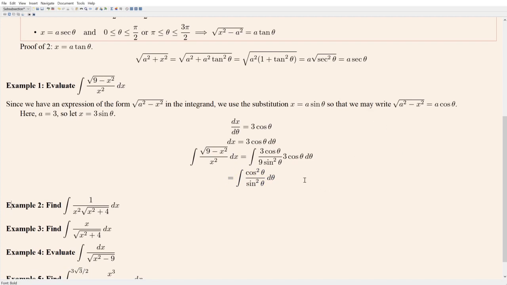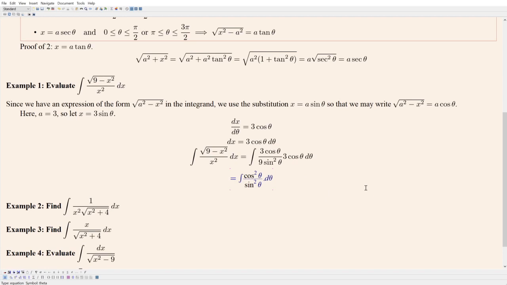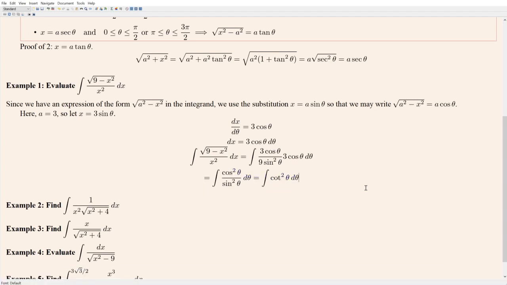Okay, so how can we go about anti-differentiating this? Well, cosine over sine, that's the same as cotangent, right? So we get cotangent squared.